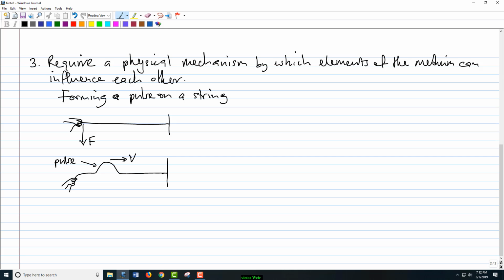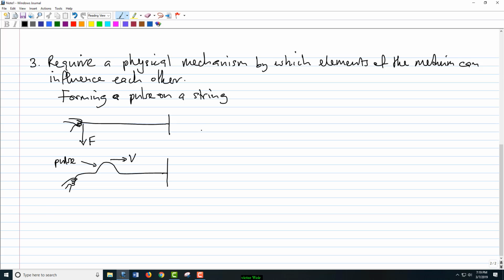You can see that the element, which is the string, is disturbed and moves perpendicular to the direction in which your hand moves. In this case, our source of disturbance is the flick, the medium through which the pulse propagates is the string, and the traveling pulse is the physical mechanism through which elements in the medium can influence each other.